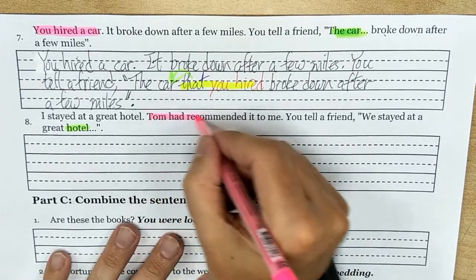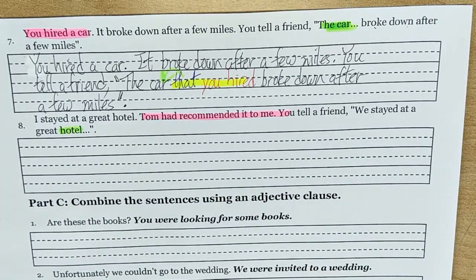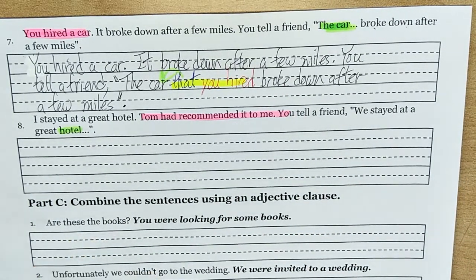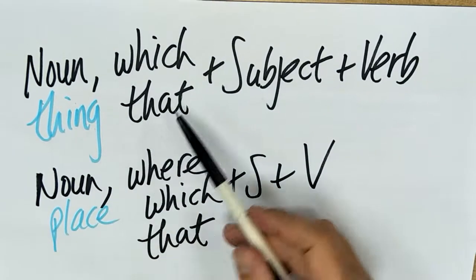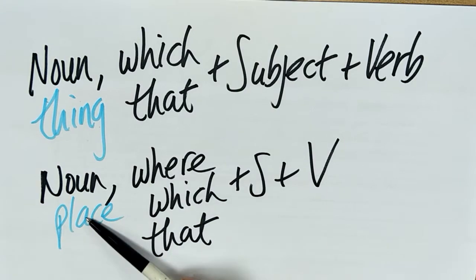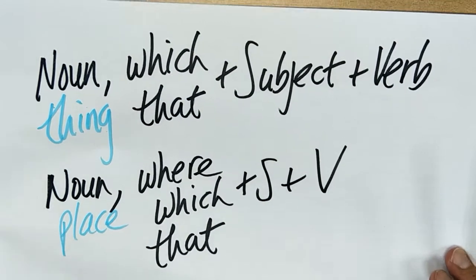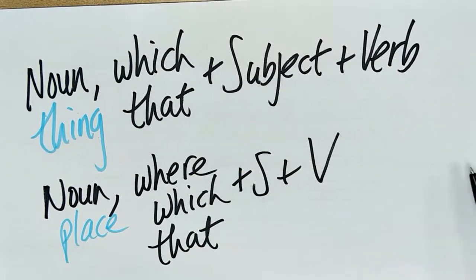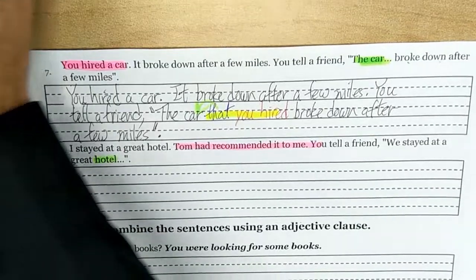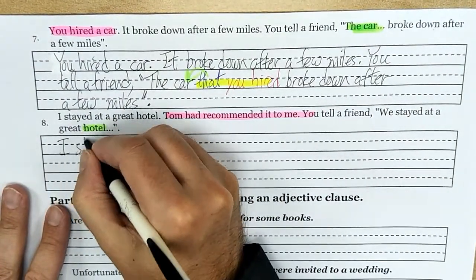Well, Tom had recommended it to me. That's how. All right. Now, hotel is a thing, which or that. Hotel is also a place. But I'm going to use which or that. It's better.